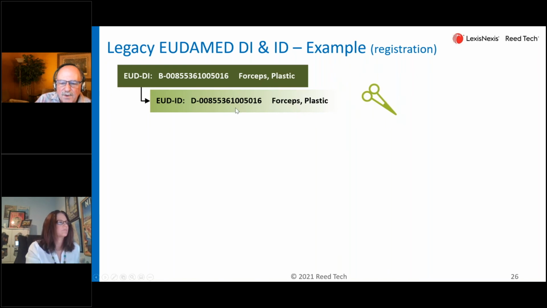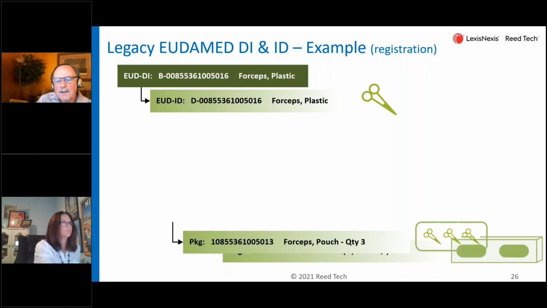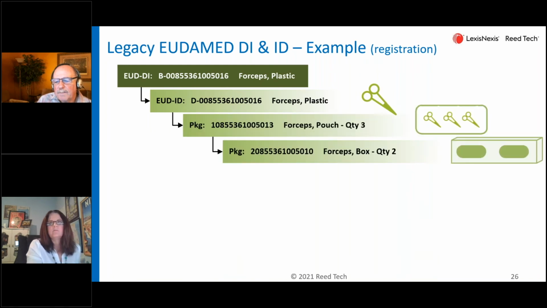So this is not on the product, but for organization purposes inside EUDAMED, we have this D dash in the front of my device identifier and a B dash in front of the group. And again, there's some hierarchy, and they have various identifiers.